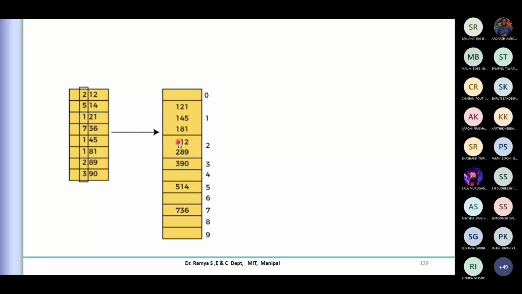Then comes 212, because it is going to the second bucket, and the same for 289, which will be put into the second bucket. But again observe, they are ordered because this information was already sorted in a lower phase.